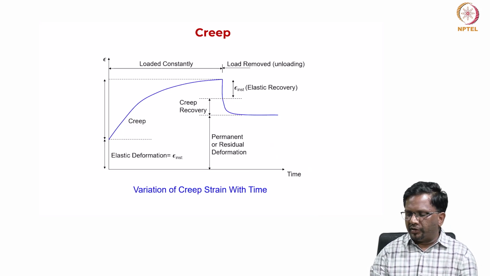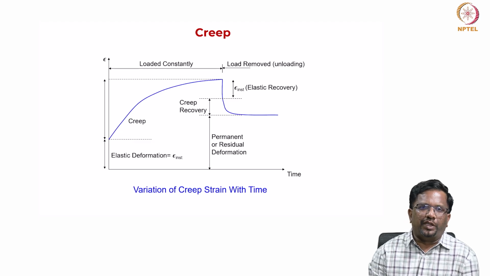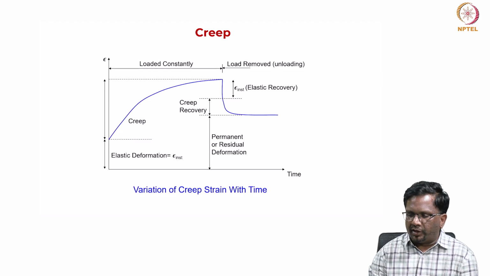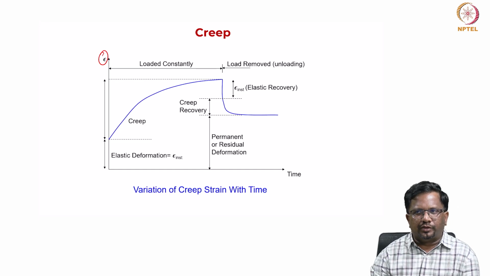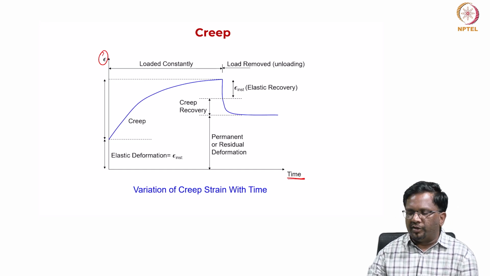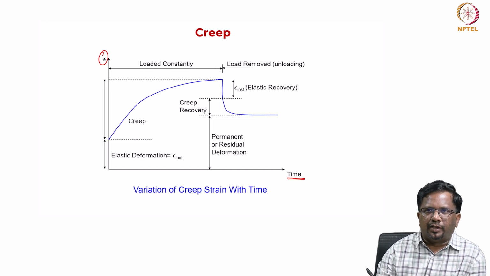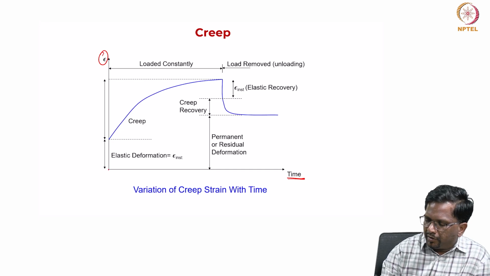Now, this is the variation of your creep strain with respect to time. If I plot the strain in the concrete on the y axis and time on the x axis, let us say that this is the initial load induced strain, and I am keeping the load constant at this point of time.